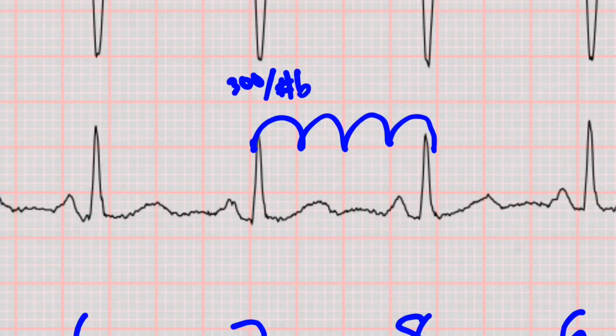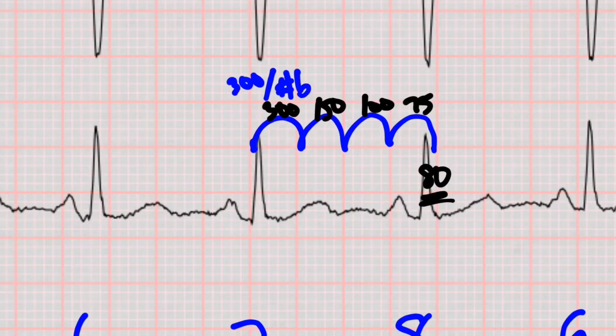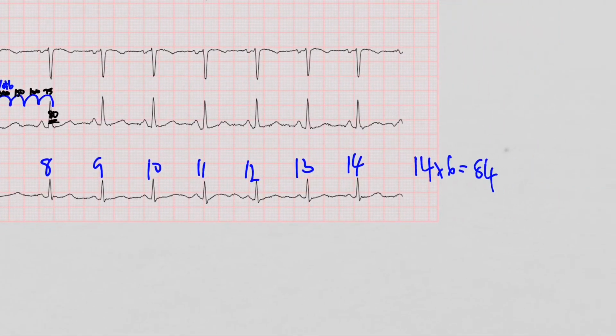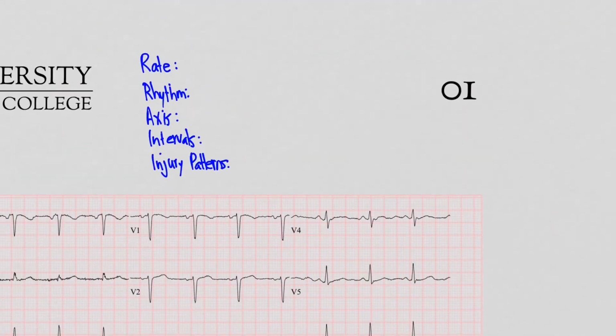And so this is 300, 150, 100, 75. And so we're somewhere between 75 and 100, and we're maybe closer to 75, so somewhere around 80, right? And that kind of jibes with what we got over here of 84. So for our rate, let's just put down 84, and that's normal. It's not too fast, it's not too slow, right? Because it should be somewhere between 60 and 100.